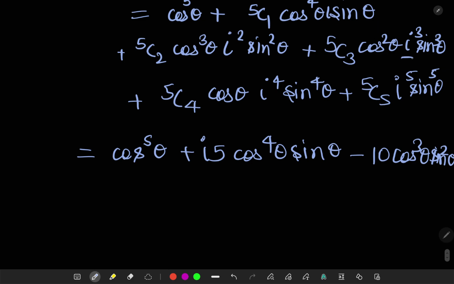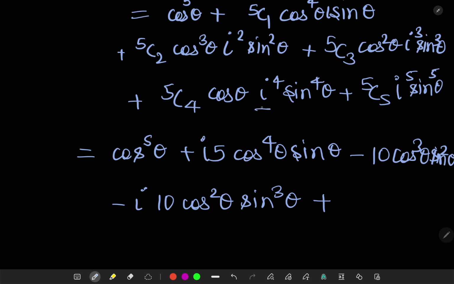Now here again there is iota cube, so we can write minus iota, and on solving 5c3 we get 10 cos square theta sin cube theta, plus on solving 5c4 we get 5, and iota raised to power 4 gives plus 1.